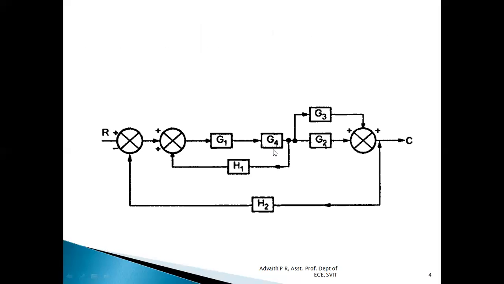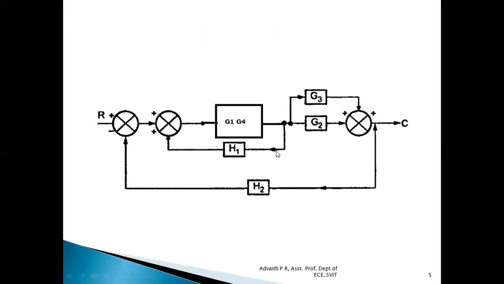Once we reduce that, the block diagram looks somewhat similar to this. G1 into G4 is the newly obtained transfer function after we reduce the series blocks.